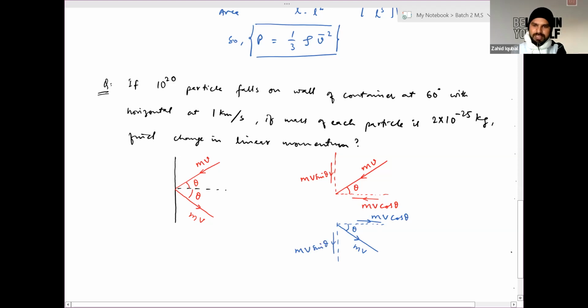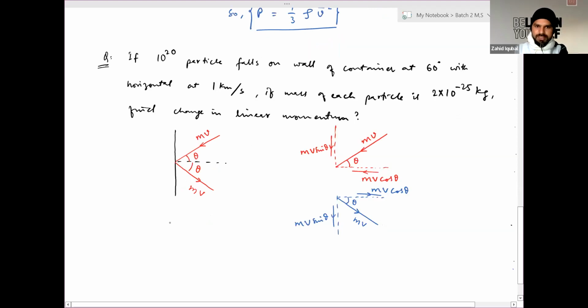If you want to calculate the change in linear momentum along the y-axis, since both momenta are along the same direction, it will give you 0. Now, the change in linear momentum along the x-axis will be P final minus P initial. Final momentum is towards the positive x-axis, so it is taken as positive, and initial momentum is along the negative x-axis, so minus of mv cos theta.